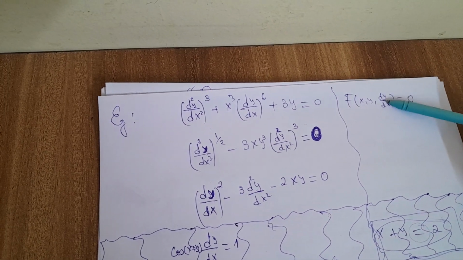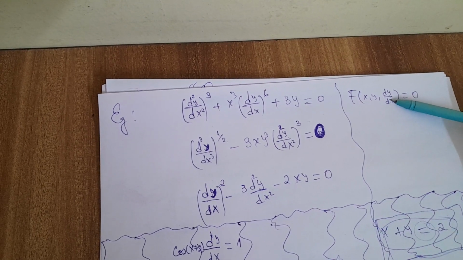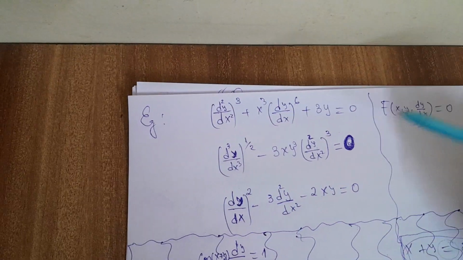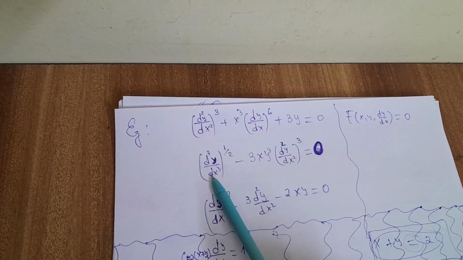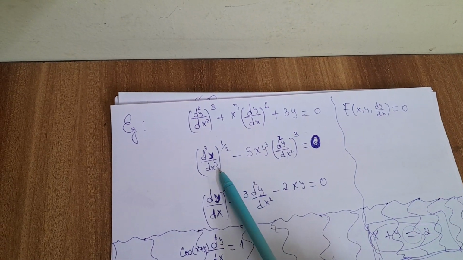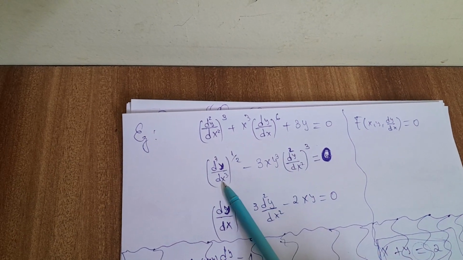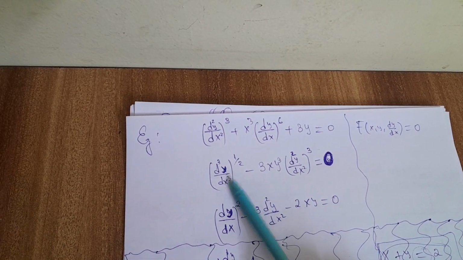So the term that is differentiated will be our unknown, and this will be the point that we are going to find. Suppose we have this expression over here. This can be called a differential equation. Why? Because here we have to find what dy by dx is.